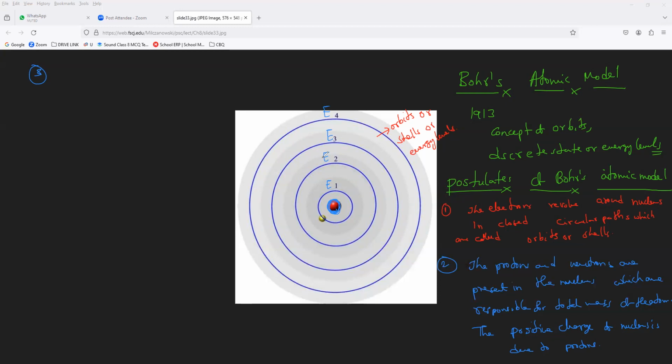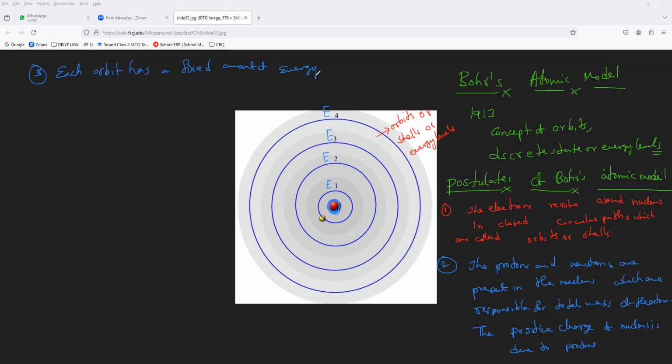So that is the third postulate of Mr. Niels Bohr. Each orbit has a fixed amount of energy, not the same amount of energy, different energy, but that is fixed for that level.